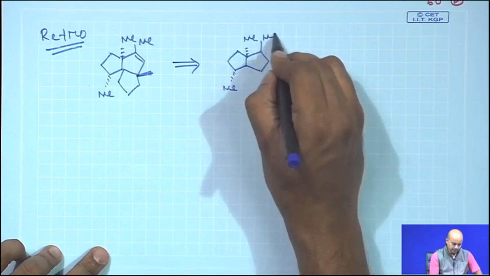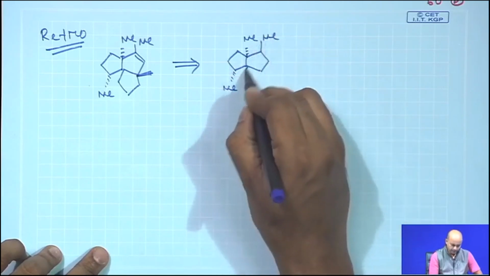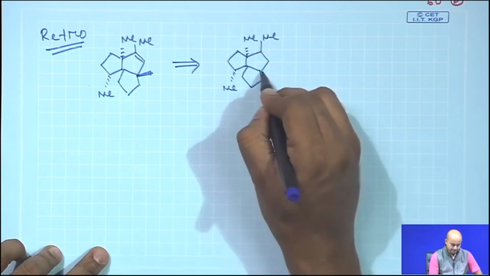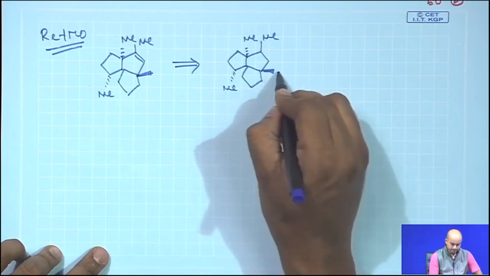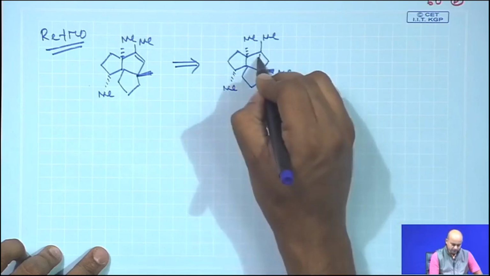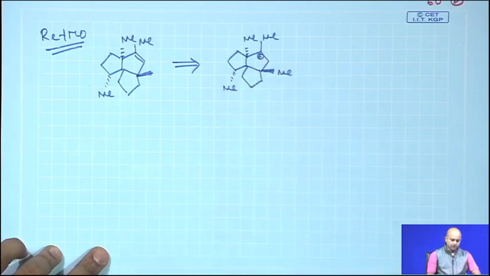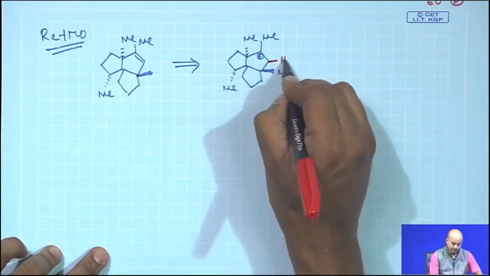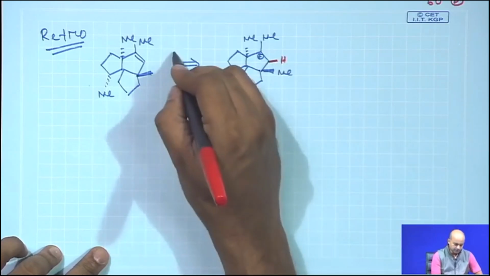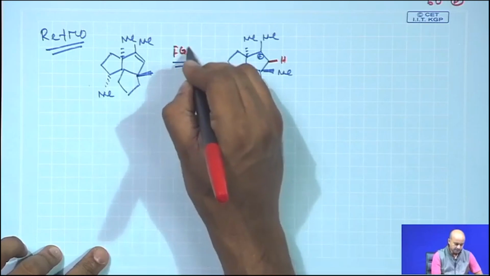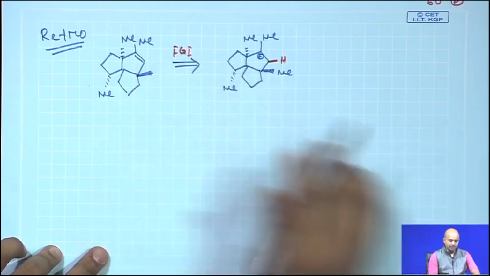I am saying that if you have this tertiary carbocation, which can eliminate this hydrogen, this is basically a simple FGI, a normal elimination.